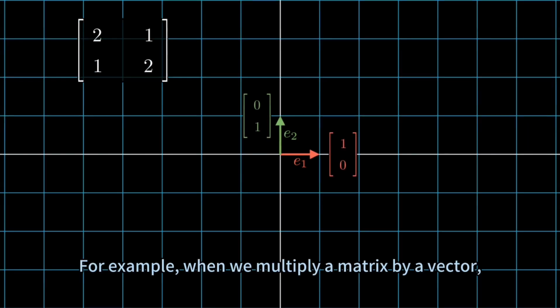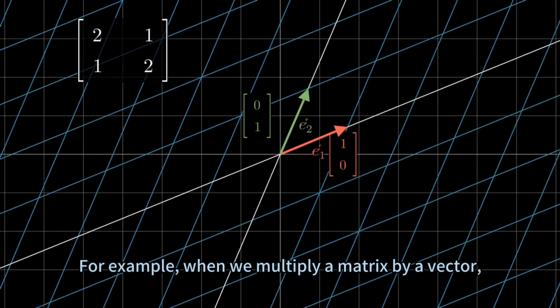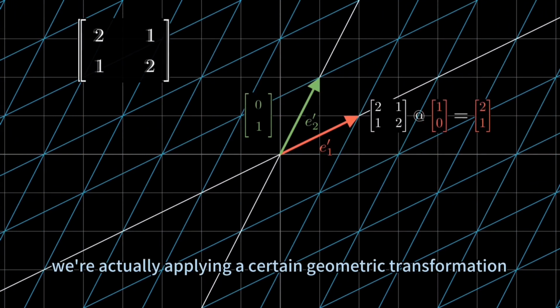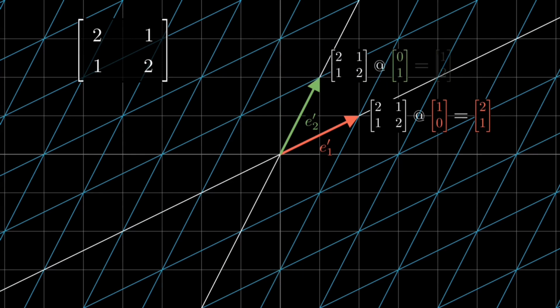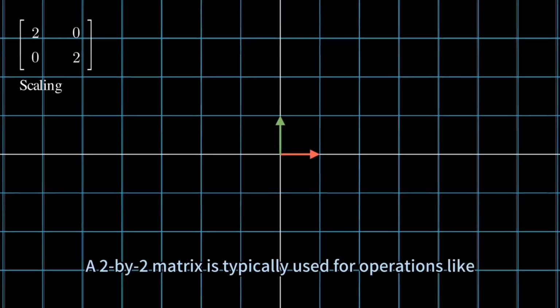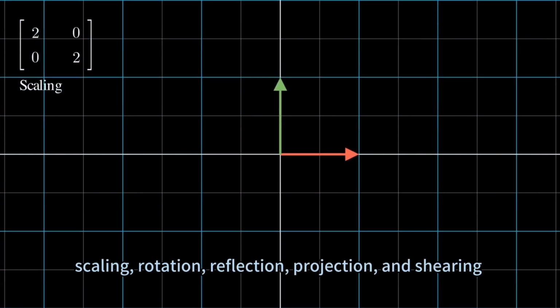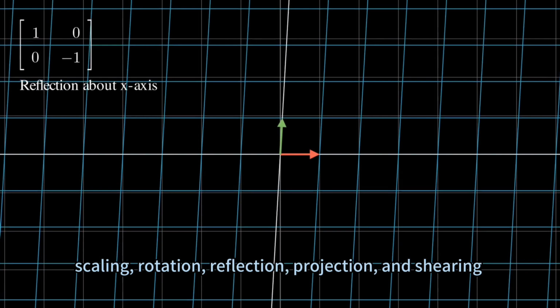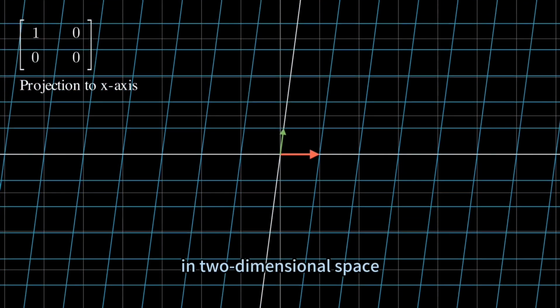For example, when we multiply a matrix by a vector, we're actually applying a certain geometric transformation to that vector. A 2 by 2 matrix is typically used for operations like scaling, rotation, reflection, projection, and shearing in 2-dimensional space.